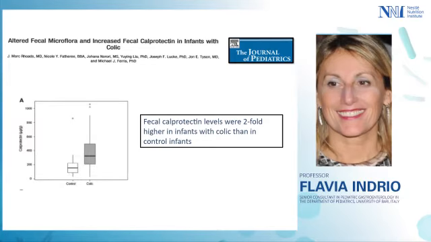This was one of the first studies done in children affected by colic, by Dr. Rode, where he showed that those babies affected by colic had a very high status of inflammation and a very high level of calprotectin in the intestine. That means that the treatment with this strain can reduce the inflammation. This was a very old study, but I like to quote it because it was very intuitive. He understood that there was a problem in the mucosa with inflammation.